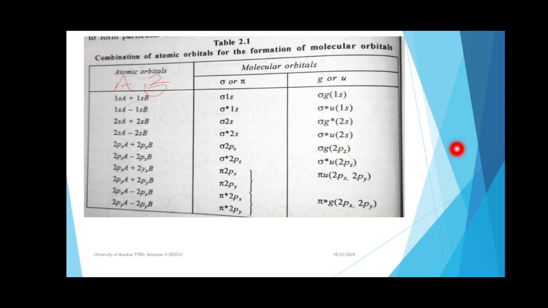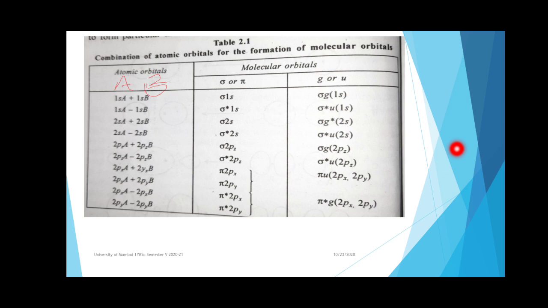It is denoted as sigma star u. Similarly, 2sA plus 2sB, there is formation of sigma 2s, denoted as sigma g, or 2sA minus 2sB, there is formation of sigma star 2s or sigma star u.